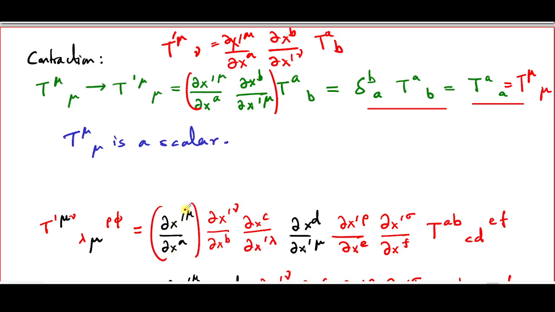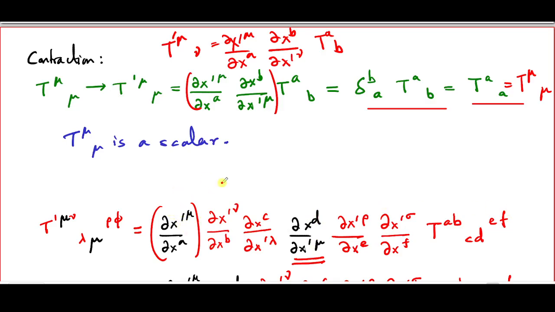vector transformation coefficient del x prime mu over del x a, and this mu will give you a covector transformation coefficient del x d over del x prime mu. And a, b, c, d, etc. have been chosen just to contract it properly with here.